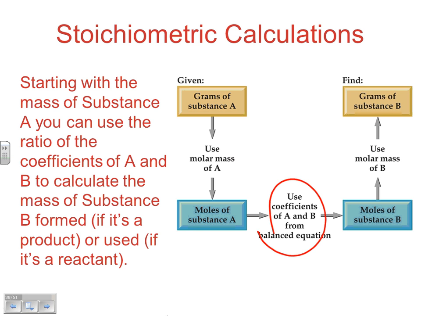If we're going from one substance to another, we need to use the mole ratio from the balanced equation to do that. So we always have to have the balanced equation. Now, this can work whether it's a product going to reactant, a product going to a product, a reactant going to reactant, or a reactant going to product like you traditionally see. You can always go from one thing in a reaction, if you know how much of it you've got, to predict how much of that other substance you would make or you would need.